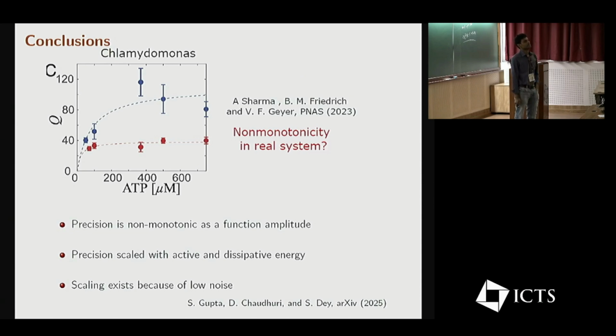I just wanted to ask, you have a model, but how are you relating it to the actual system with the kind of activity that you are proposing? The actual system has filaments and really complex beating.